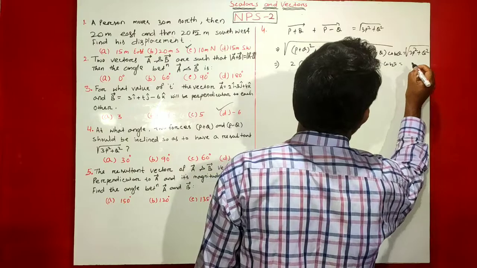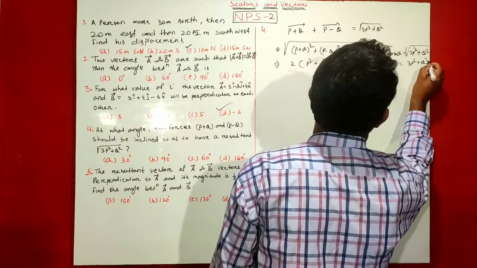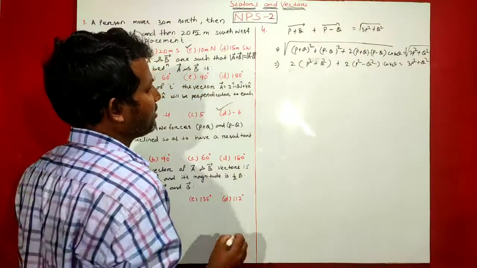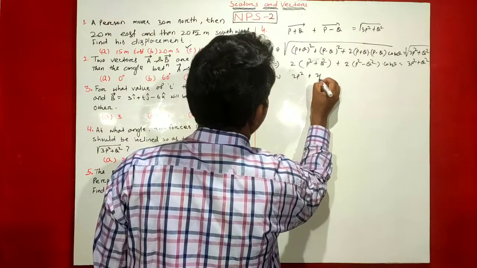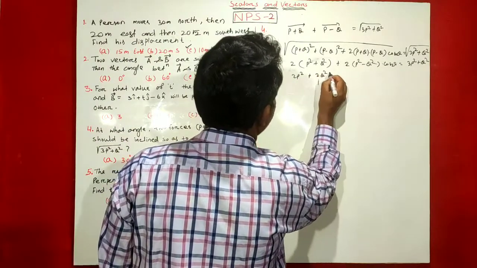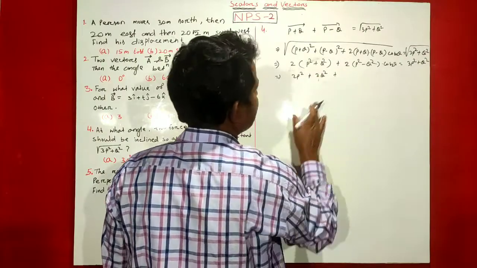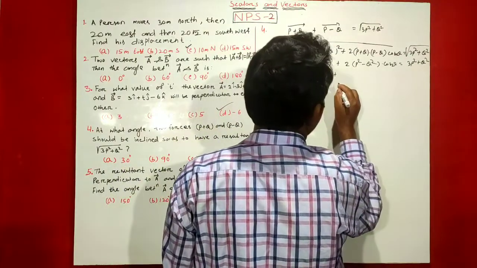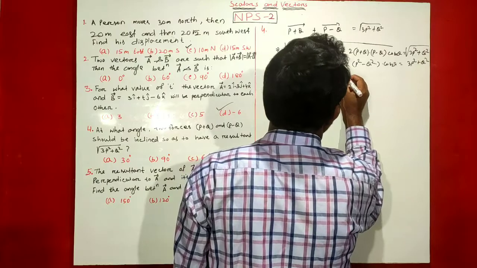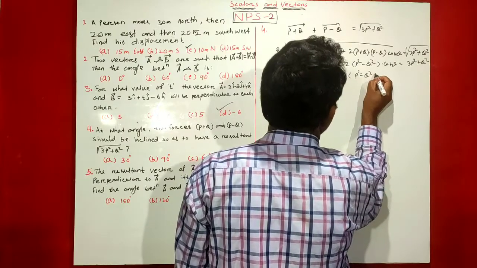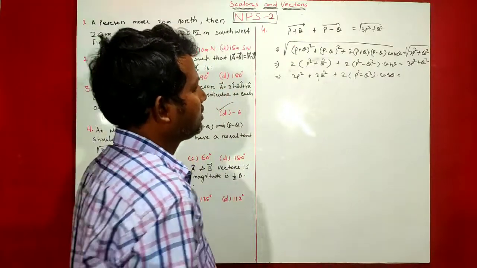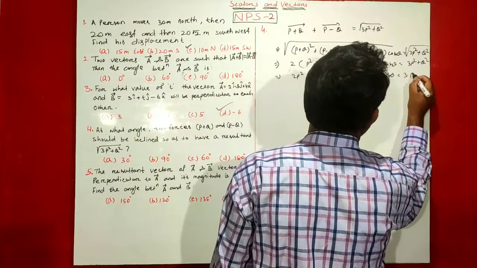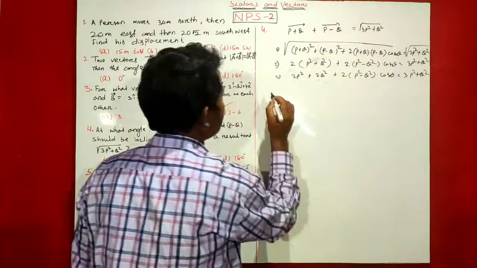This is equal to 3p square plus Q square. Again 2p square plus 2Q square plus 2 into P square minus Q square cos theta is equal to 3p square plus Q square.